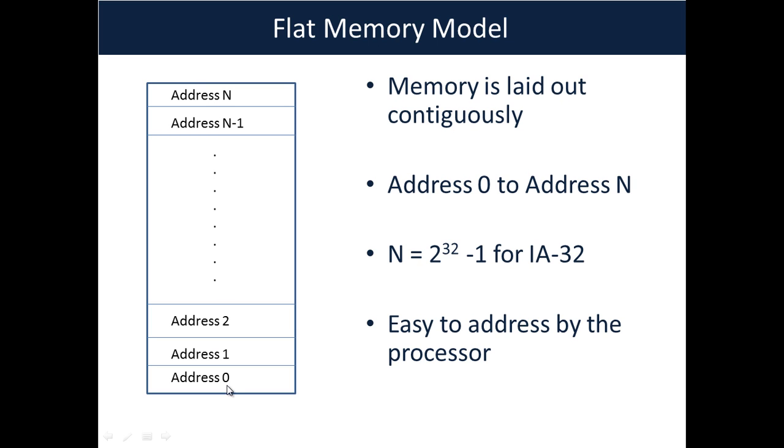Now, in case of Intel architecture 32 processors, or the IA32 as they are popularly called, the value of n is 2 to the power 32 minus 1. So we start from address value all zeros to 2 to the power 32 minus 1. Of course, the huge advantage of this model is that it is very easy to address any part of memory by the processor.